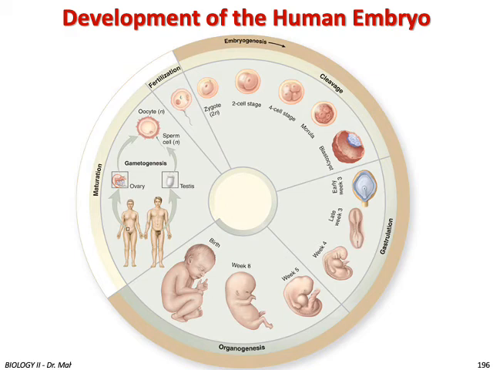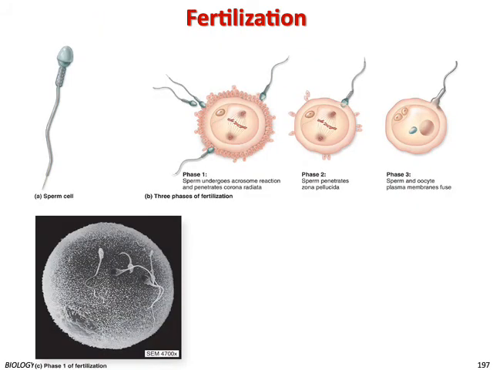The process that constitutes cleavage, gastrulation, and organogenesis is all called embryogenesis. And here you can see the sperm and the ova in a scanning image showing the sperm trying to penetrate the ova. The penetration of a sperm into the ova is divided into three phases.